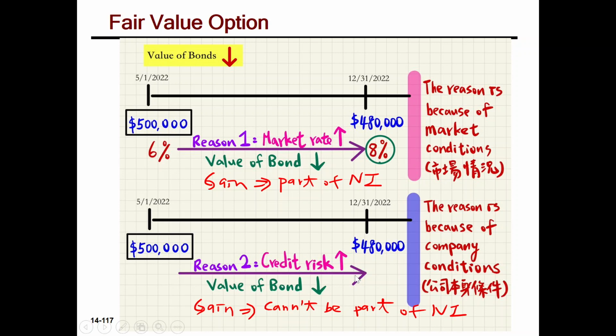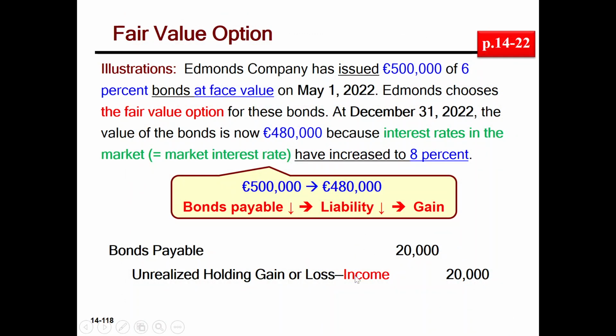Okay. So please look at the next slide, page 118. Did you find that the market rate increased because of the market? So it's not your fault. So we accept that you could put the gain as part of your net income. How to show the situation? Dash income. Remember, for gain or loss, which account do we use?